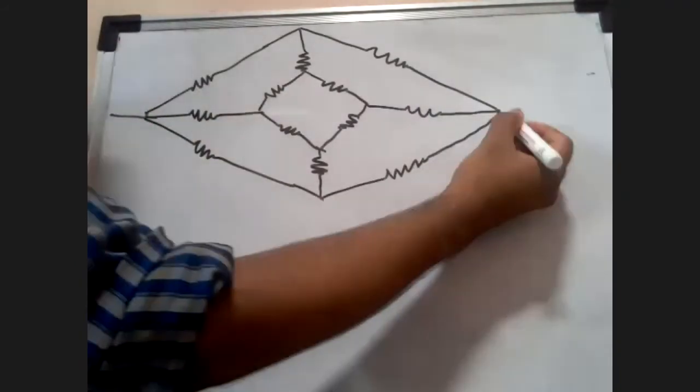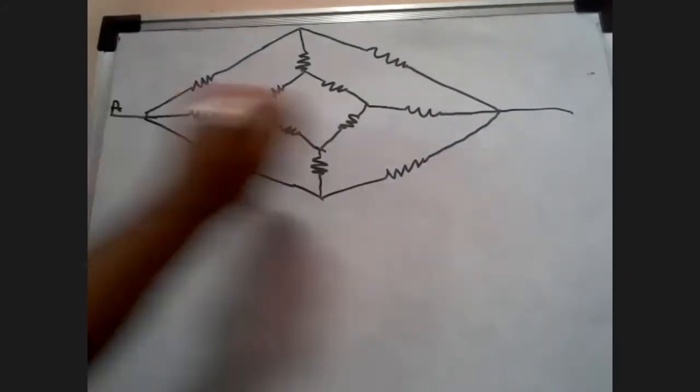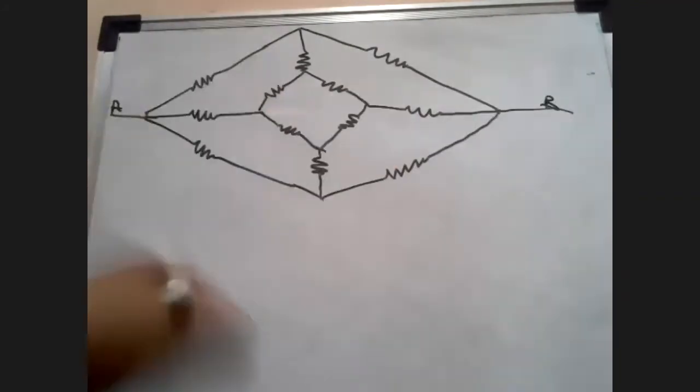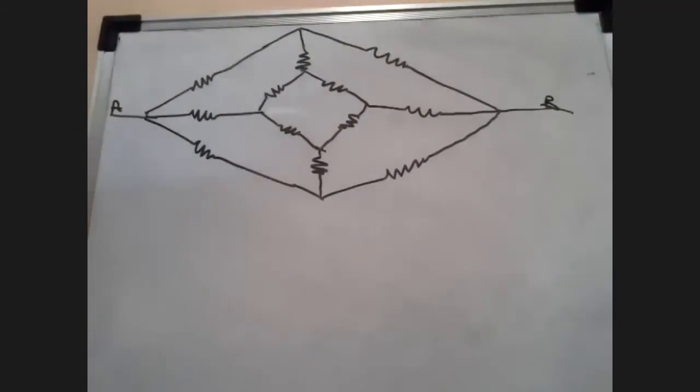Tell me what is going to be the equivalent resistance between A and B if the magnitude of all these resistors is capital R. First you tell me.